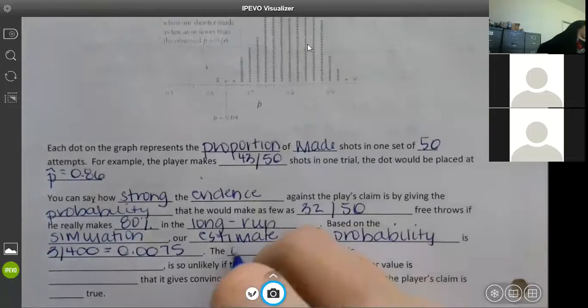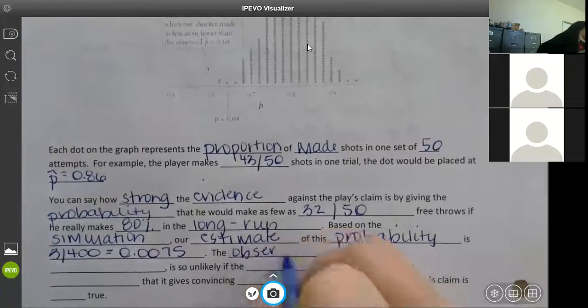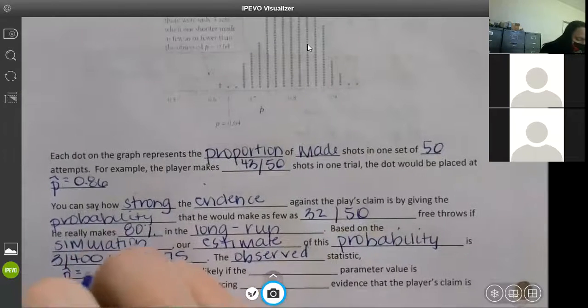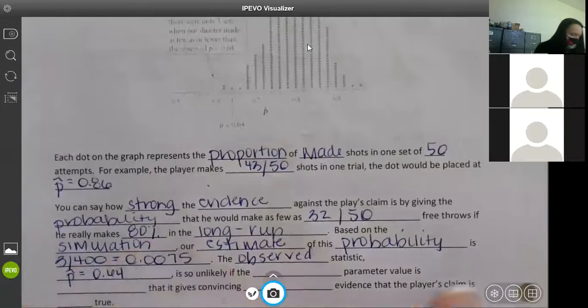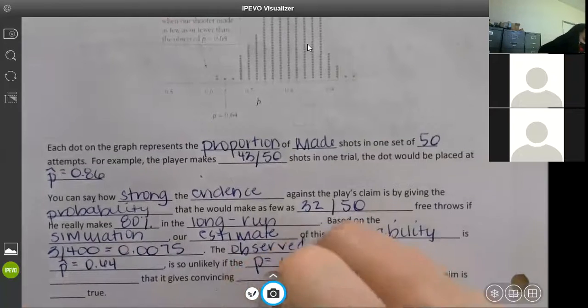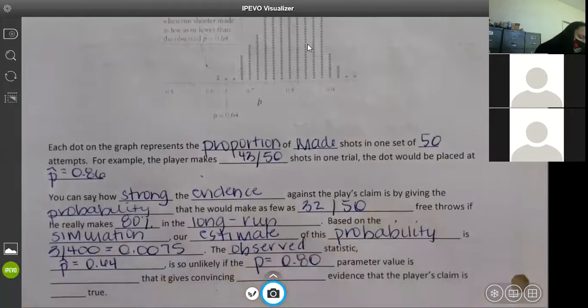The observed statistic, which is p hat equals 0.64, is so unlikely if the actual parameter value is p equals 0.80.